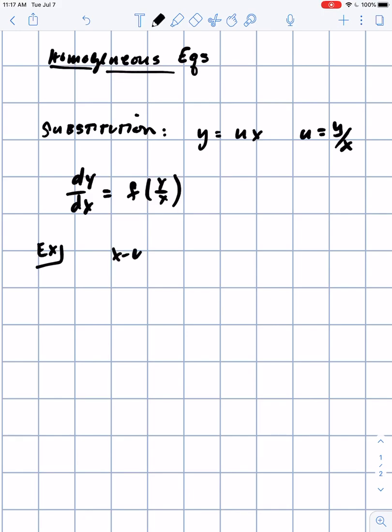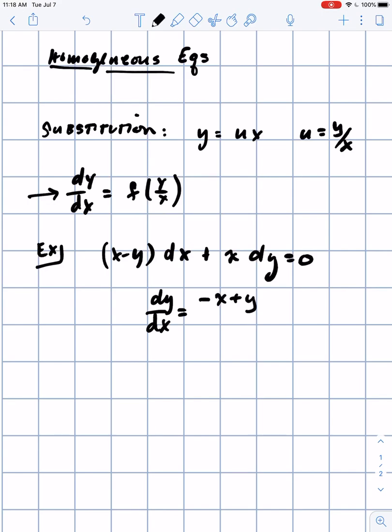If we have this, here's an example that we would have. And what we could do is just get it into this form where dy dx equals something. So I'm going to go dy dx equals negative x plus y, so I'm just bringing this to the other side.